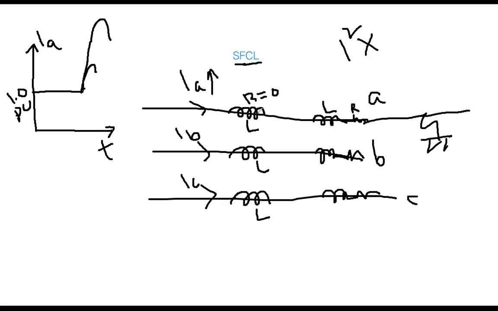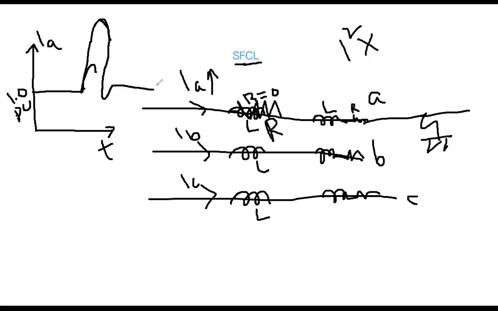And then what happens? It appears as a resistance, a really high value of resistance. And because it is in series, that R will impede the current increasing.